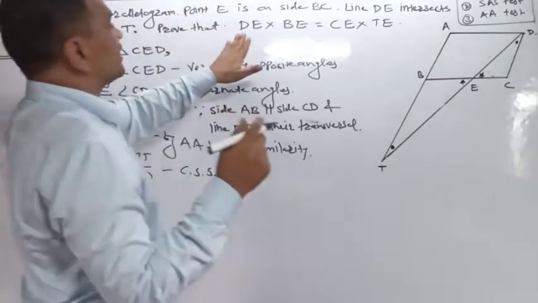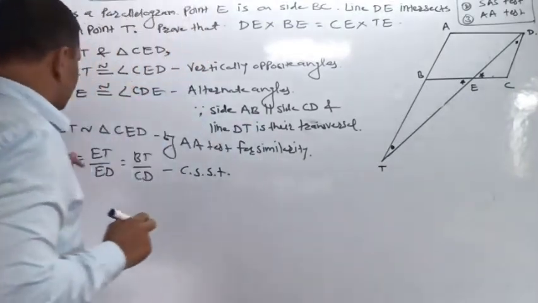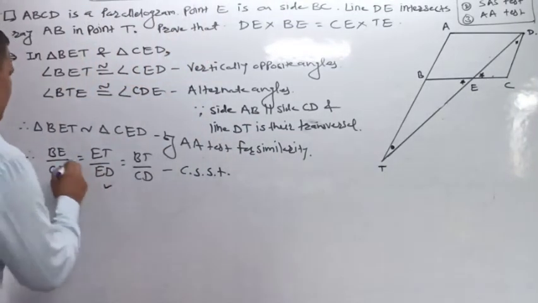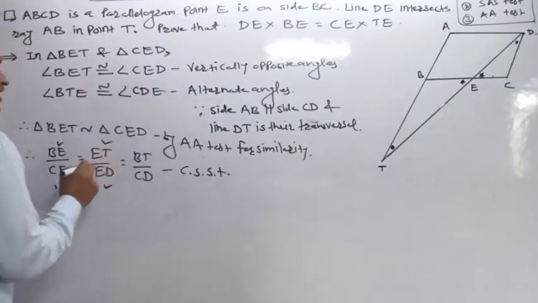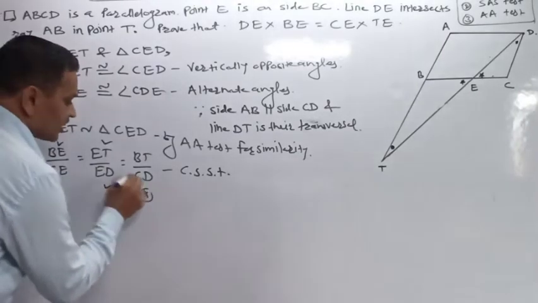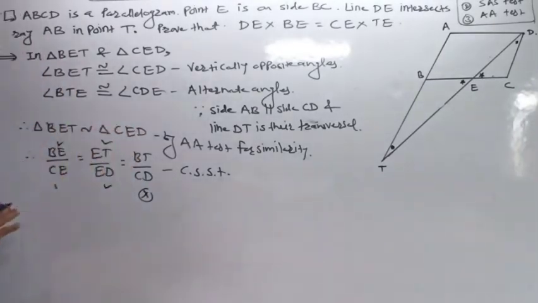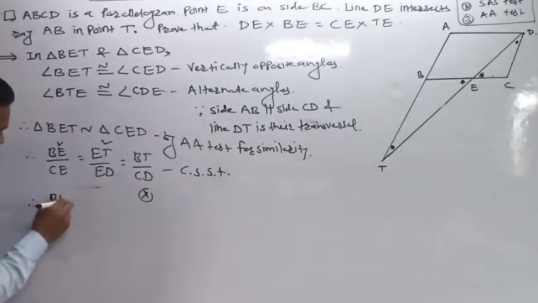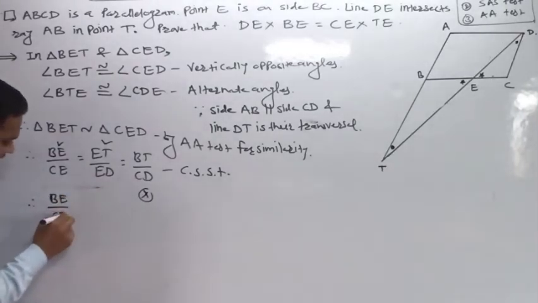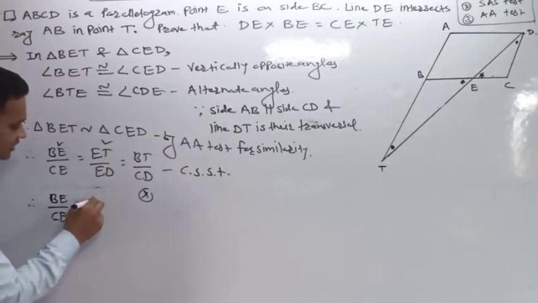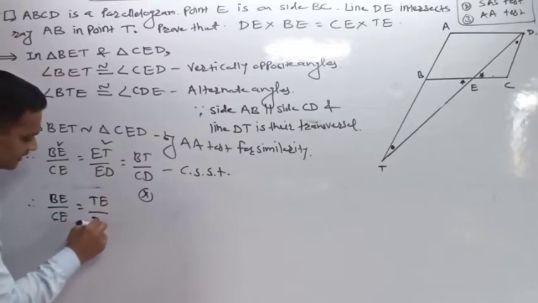But we want to prove DE into BE equal to CE into TE, so we eliminate the third ratio. By eliminating the third ratio, we get BE divided by CE equal to TE divided by DE.